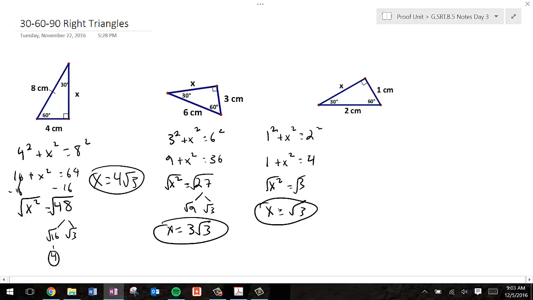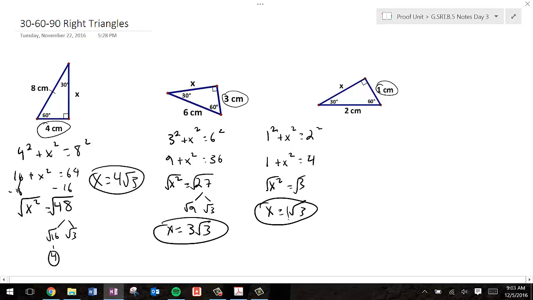And as you can tell, we said that the hypotenuse was double the short leg. Okay, in all 3 of those, that's true. What we now notice in all of these, the short leg in the first one was 4, the long leg was 4 square root 3. Short leg in the second one was 3, long leg was 3 square root 3. And then in the last one, short leg was 1, and our long leg was 1 square root 3.